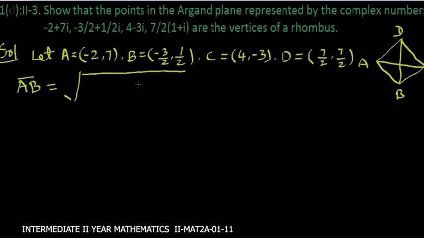the square root of (x2 minus x1) whole square plus (y2 minus y1) whole square. That is (-3/2 plus 2) whole square plus (1/2 minus 7) whole square.